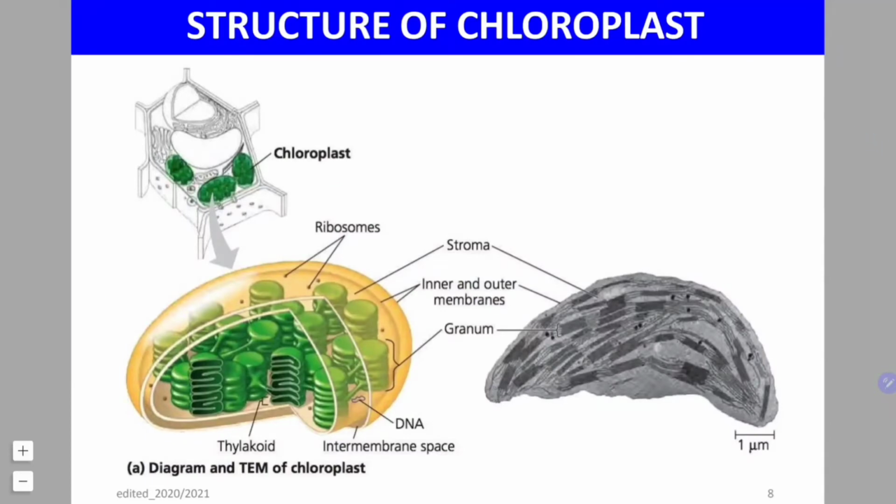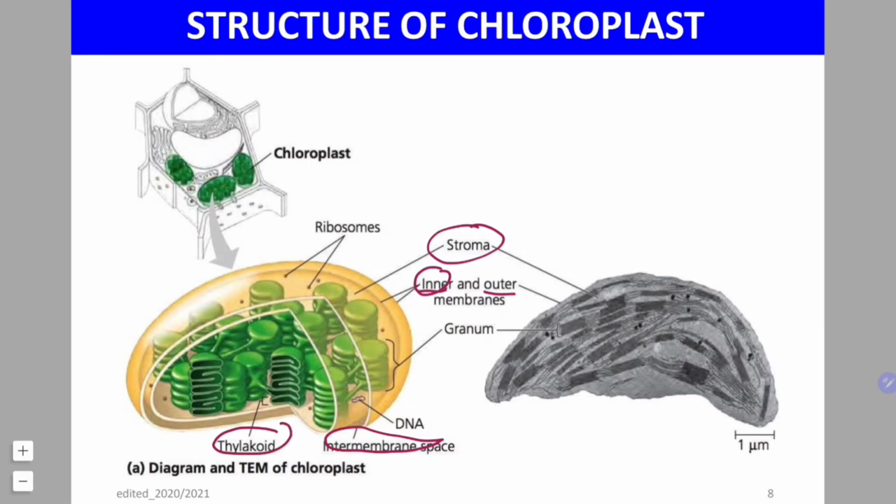You have learned about the structure of chloroplast since last semester, so this is just a revision. The chloroplasts have two membranes, the inner and outer membrane. In between the membranes, there is intermembrane space. Inside the inner membrane, there is a space called stroma, and inside the stroma, there are many discs called thylakoid.